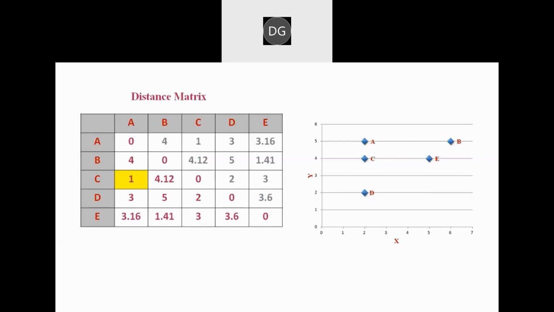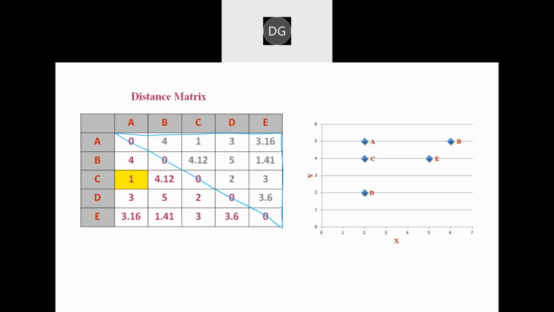In this output matrix, I have marked, assume that this is a line, and this portion I have given in gray. Why? Because whatever value you get below this line, the same value you have got above the line also.